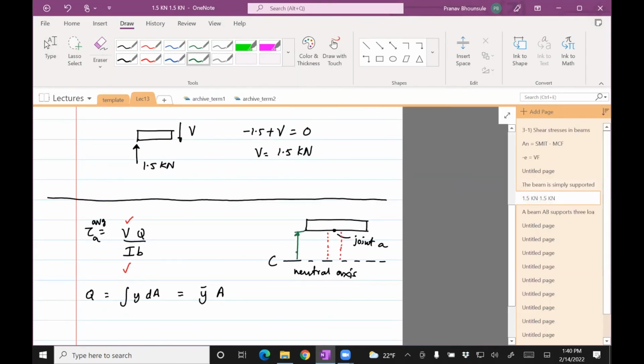This height we computed is 31.7, and this distance is 10. And so this is where y bar is.